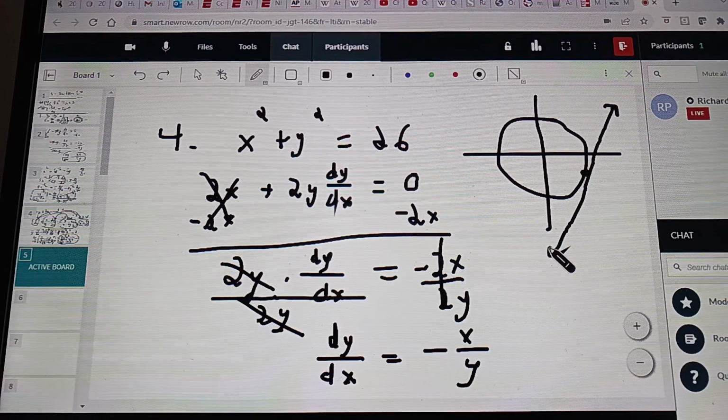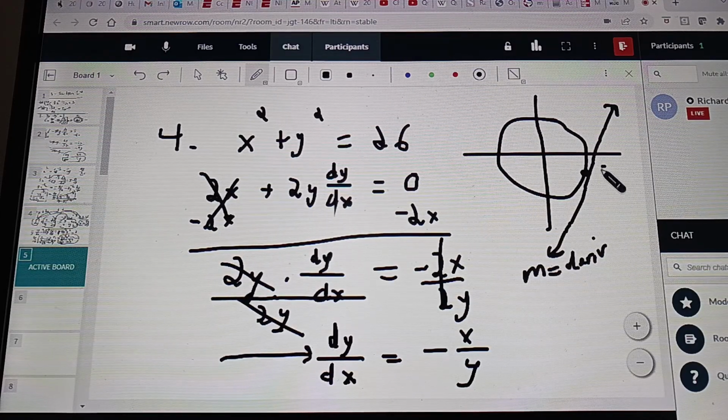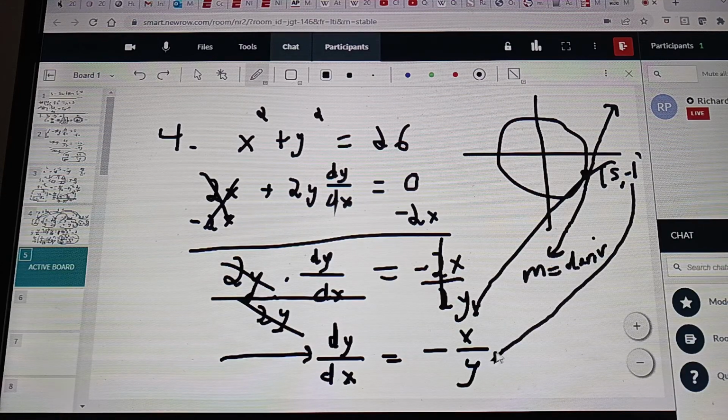And slope of a tangent line is what derivative's all about. Slope of a tangent line is derivative. I have the equation of a derivative now, and I have an x and y coordinate. So I could plug the x and the y both in, and this would give me the value of the derivative at this one and only one spot.